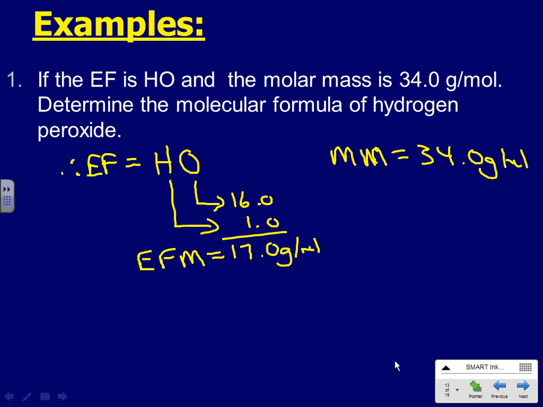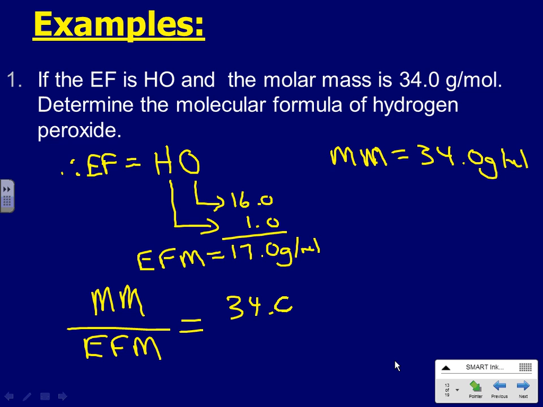To determine this, we simply take the molar mass, which is going to always be the bigger number, divide it by the empirical formula mass, in this case, 34.0 grams per mole divided by 17.0 grams per mole.